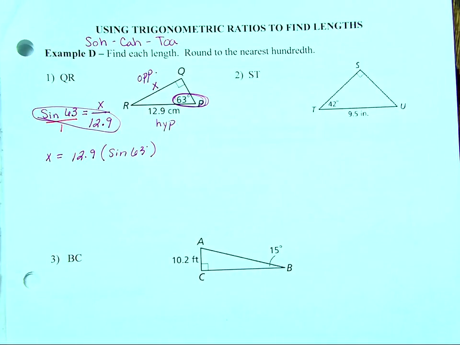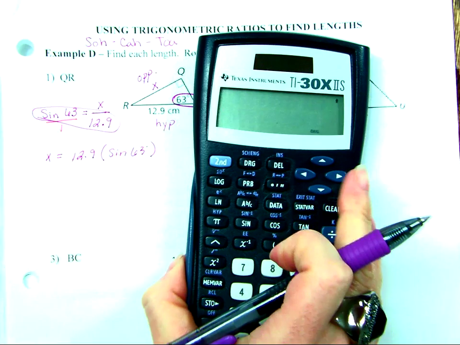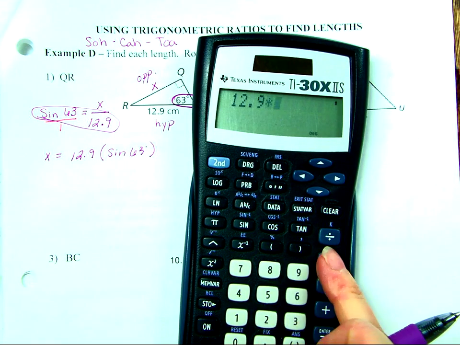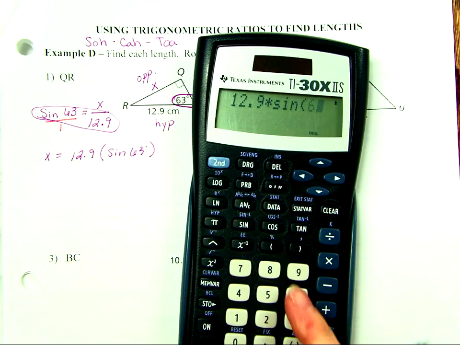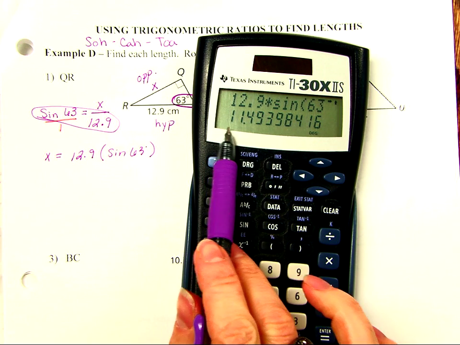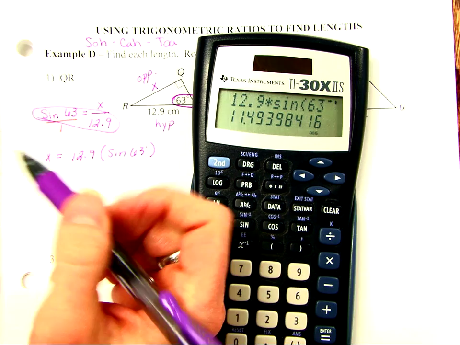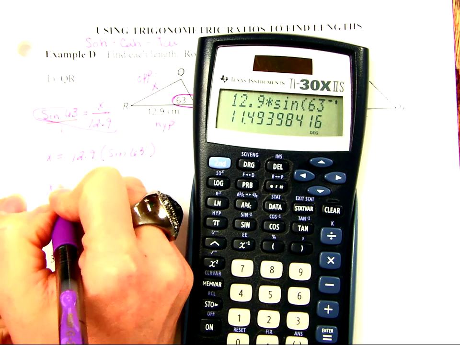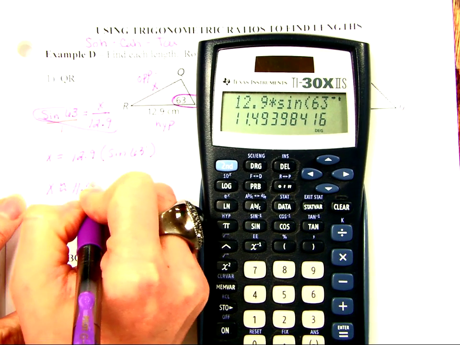And that's exactly how I'm going to calculate it. So I'm going to take my calculator, 12.9 times the sine of 63 degrees. And we would find that to the nearest hundredth, that would be about 11.49. So my side x is about 11.49.